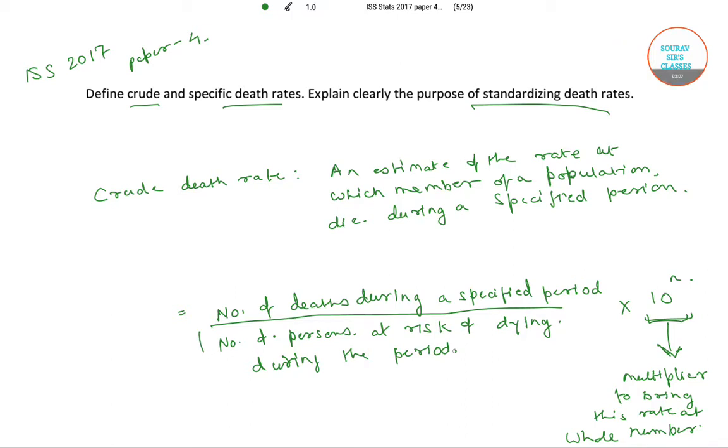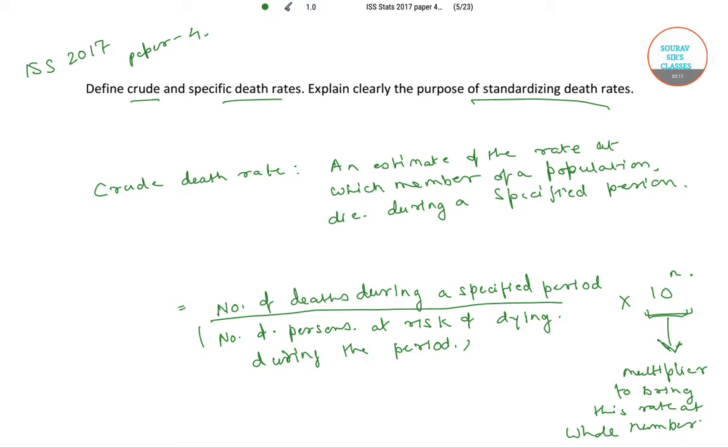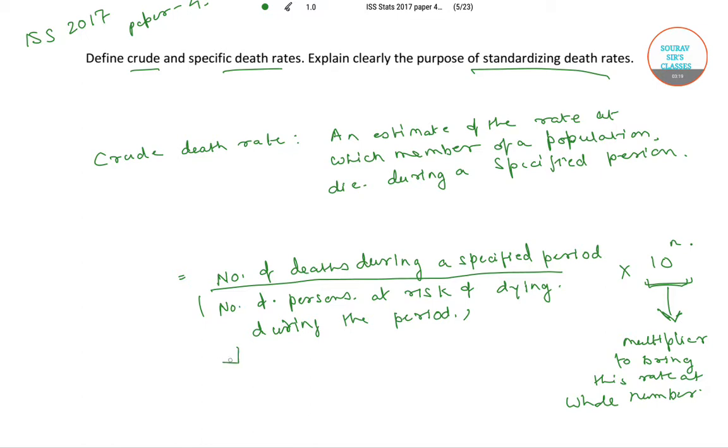The denominator, that is the number of persons at risk of dying during the period, is usually the size of the population at the middle of the period.